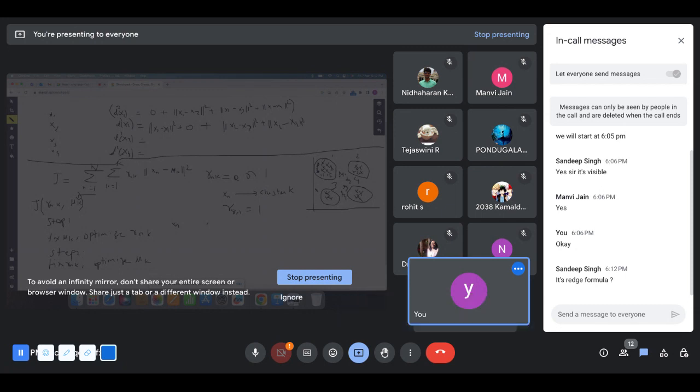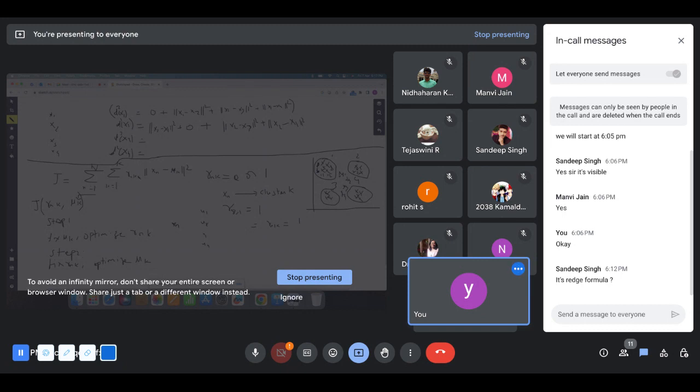Find which cluster this point is closer to, and then assign R_nk: if the kth cluster is closer, assign it 1. That's all. This is your first step, and you do this for all the data points in your training set.